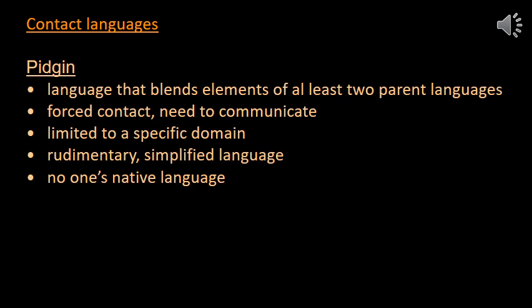They really have to communicate with each other, so they will create this kind of hybrid language. In the 15th, 16th centuries, people did not have Google Translate, they did not have translators, so they did the best they could. Pidgins were limited to a specific domain, and this domain was trade. Trade of goods and, sadly, trade of human beings, slavery.